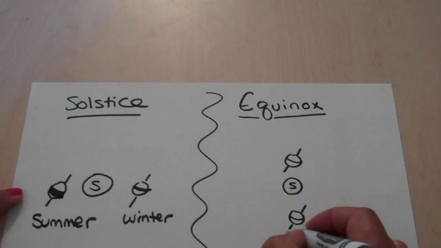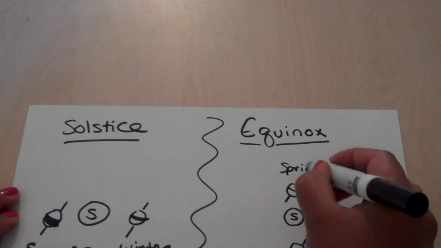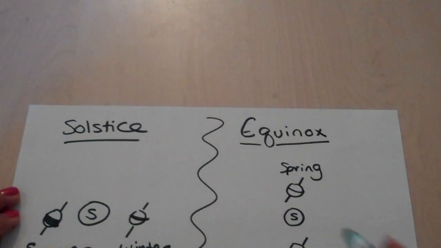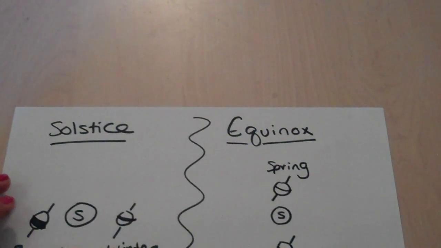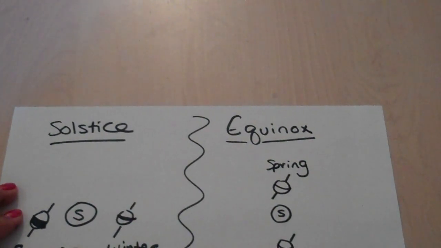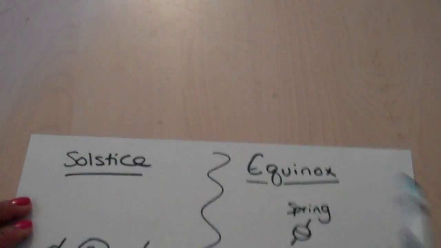As we're coming around, this one would be fall, here's winter, and this one is going to be spring. These two equinoxes will be equal days and equal nights as well. That's how you get equinox, because it means equal night.